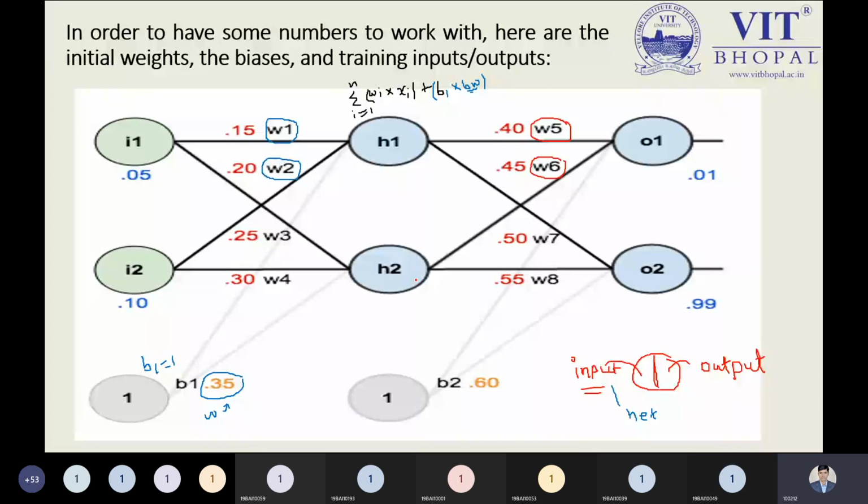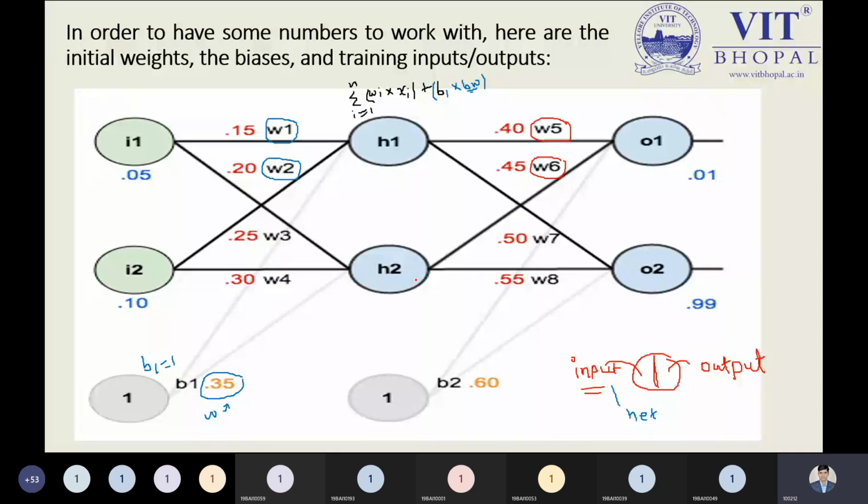The input value of the node O1 can be calculated by our simple formula, the summation of i equal to 1 to n of wi into xi. Here wi is W5 and W6, and xi is the input, that is H1 and H2, along with the bias B2 with weight 0.60.